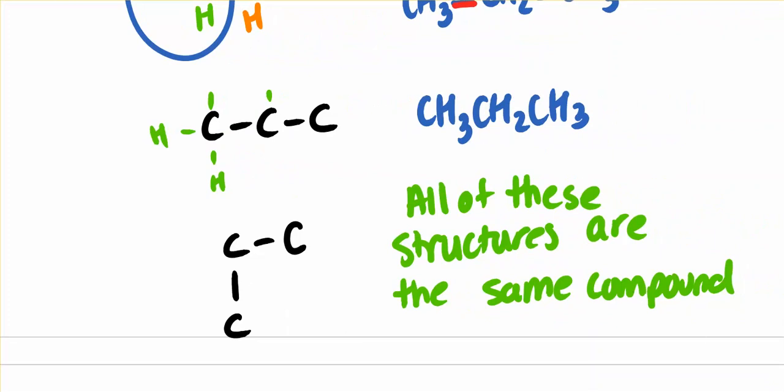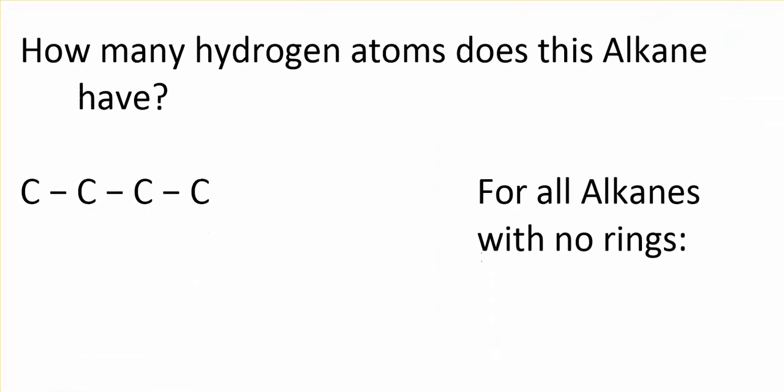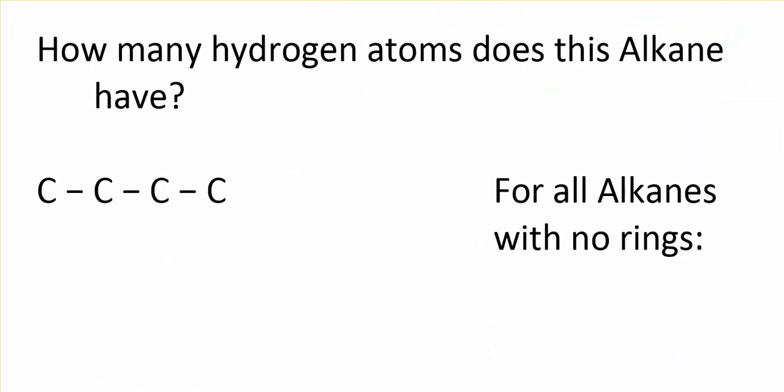Okay, let's look at how we can figure out how many hydrogen atoms they would have. Let's look at this one. All you do is you use the rule that you know about carbon, that carbon normally forms 4 bonds. And so when I look at each carbon, this one has 1 bond that is shown, so it must have 3 bonds to something that's not shown.